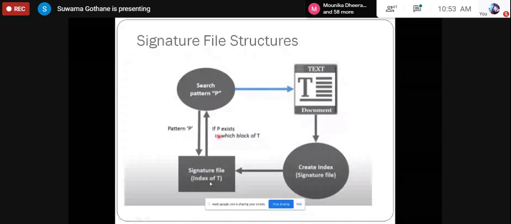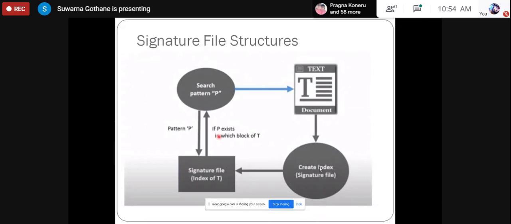Signature file is nothing but breaking the text into blocks, and those blocks are assigned a binary value, which is called a signature. For an input text, a binary value is created, maintained in a separate table, and used to perform a match. If the match is found, then it is returned to the client.